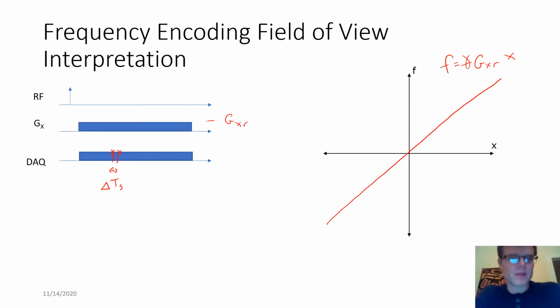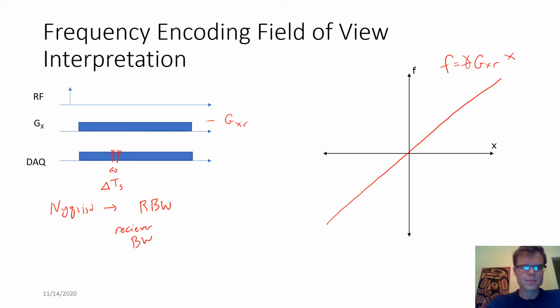So we have this data sampling interval, delta TS, and what the Nyquist theorem says is that this sampling interval supports a sampling bandwidth, and I'm going to refer to this as RBW for receiver bandwidth, that is proportional to the inverse of the sample spacing.